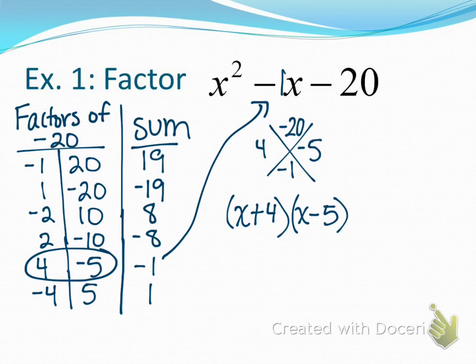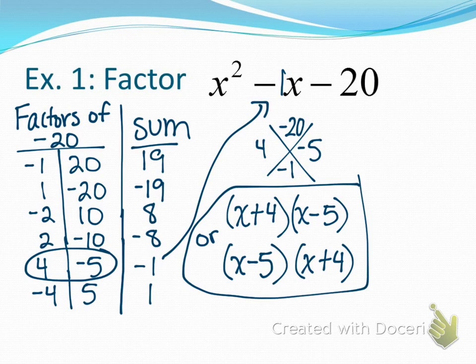So what I meant by that was that you could write x minus 5 and x plus 4. Notice that even though I flip-flopped where the signs were, the numbers stayed with the right sign. So you have to make sure that the number stays with its correct sign, otherwise you're changing your answer.